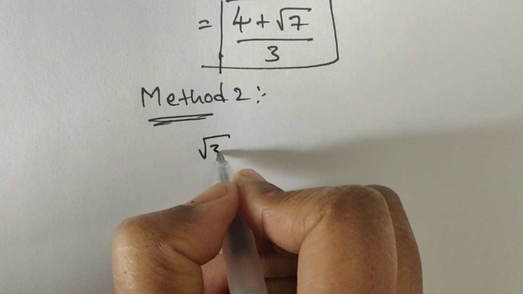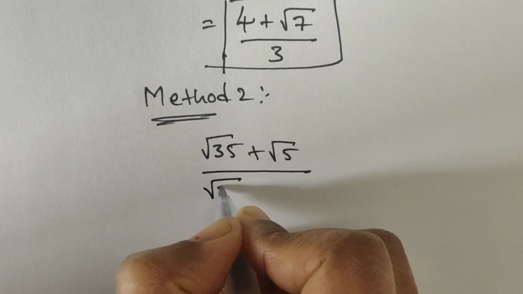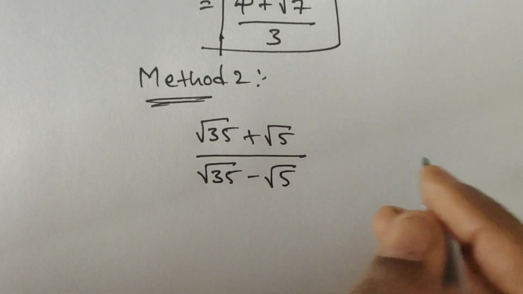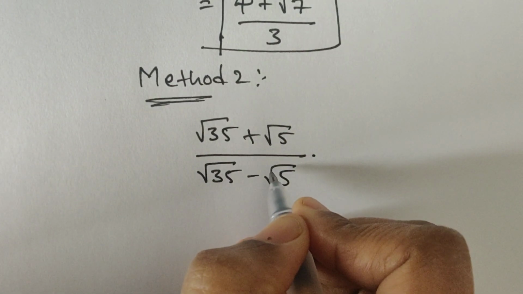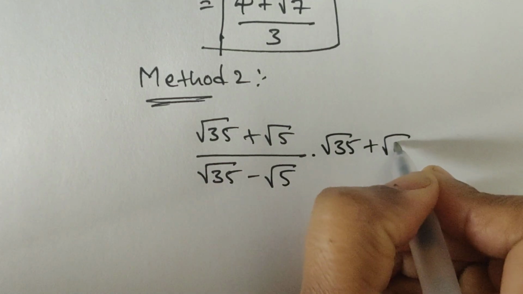So (√35 + √5) / (√35 − √5). So now we have to rationalize. So in the numerator and the denominator multiply by (√35 + √5).